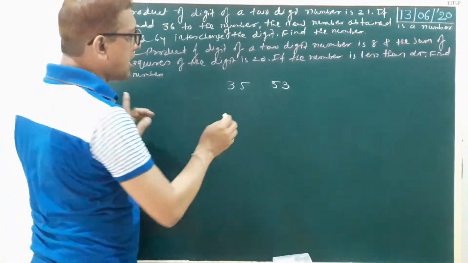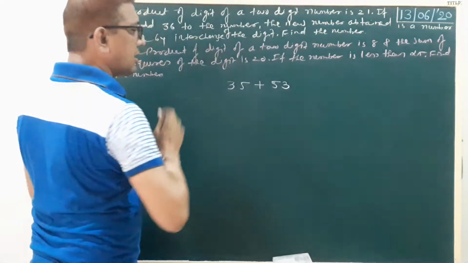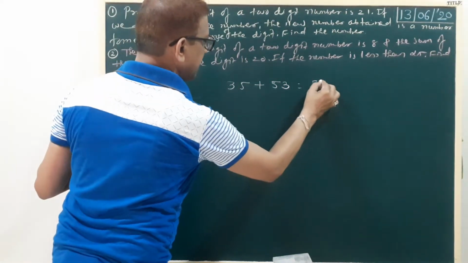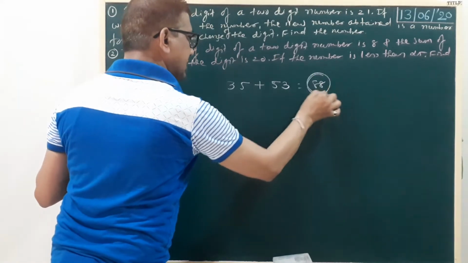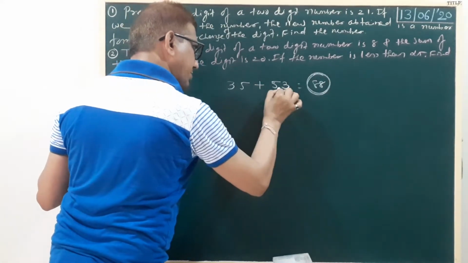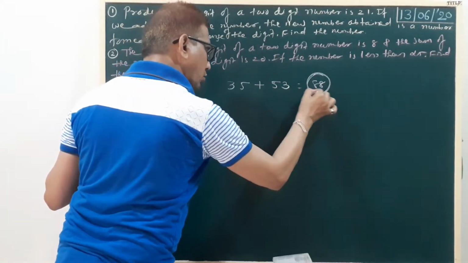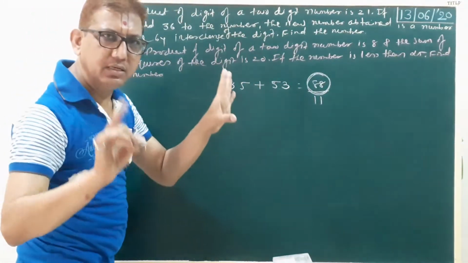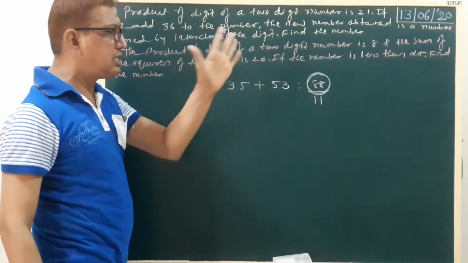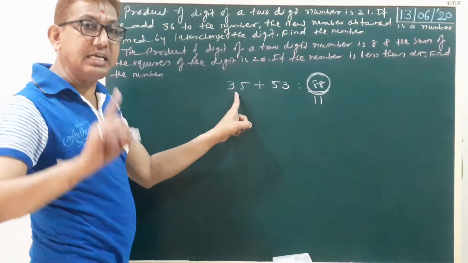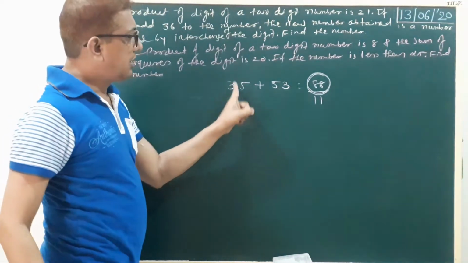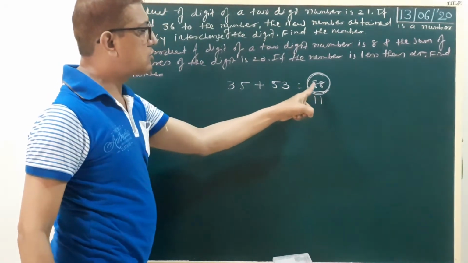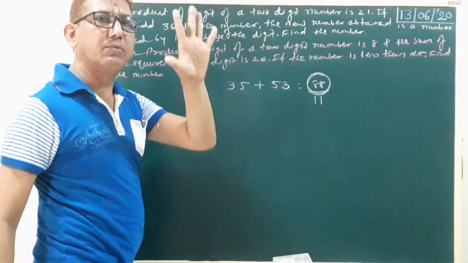Now the sum of these two numbers is 88. The sum of these two numbers is always divisible by 11. You can suppose any two-digit number and interchange the digits, and the sum of these two numbers is always divisible by 11.